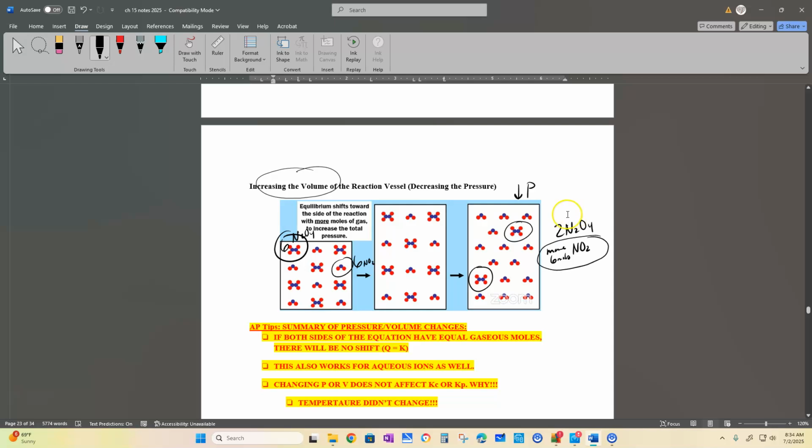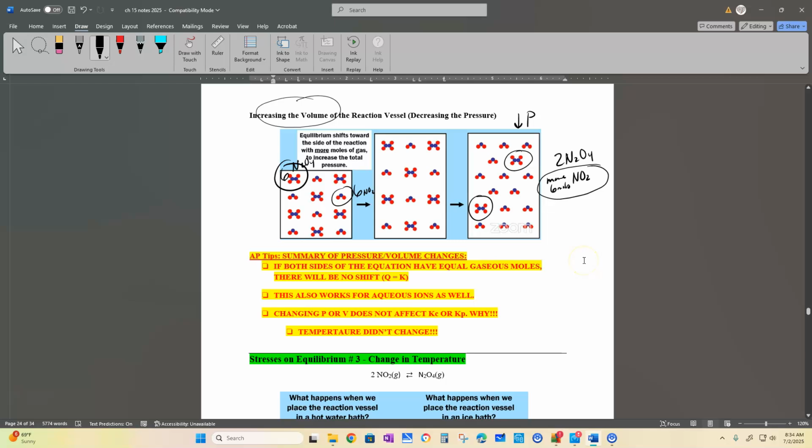Okay, so in summary, because pressure and volume changes are really hard for students, focus on the gases. Only focus on gas moles when looking at pressure versus volume. If both sides actually have equal moles, then what happens?